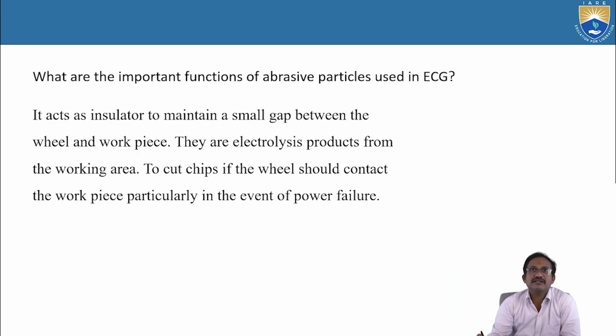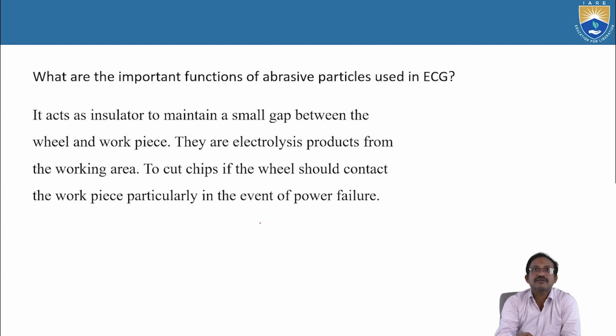What are the important functions of the abrasive particles used in electrochemical grinding? They act as insulator to maintain a small gap between the wheel and the workpiece. They also remove electrolysis products from the working area.